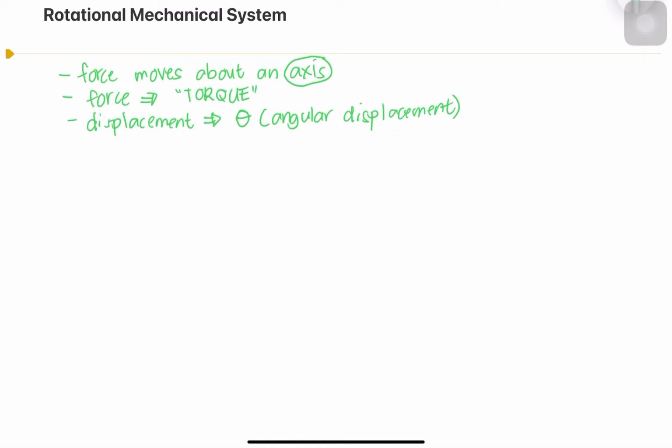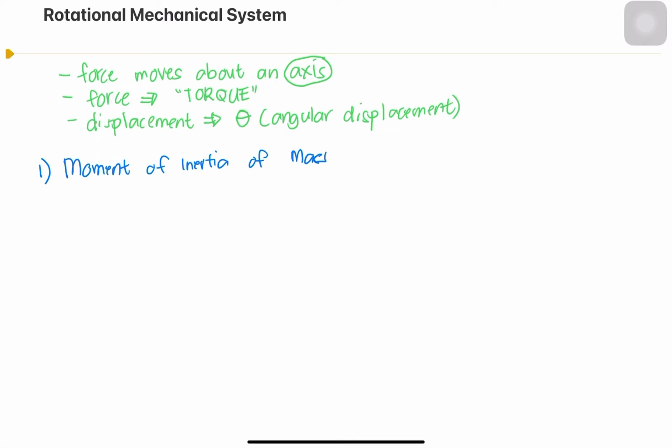Okay. So in translational mechanical system, we had three basic elements. For rotational, we also have three basic elements, which are almost the same as those from translational, but the difference is, first we have the moment of inertia of mass.